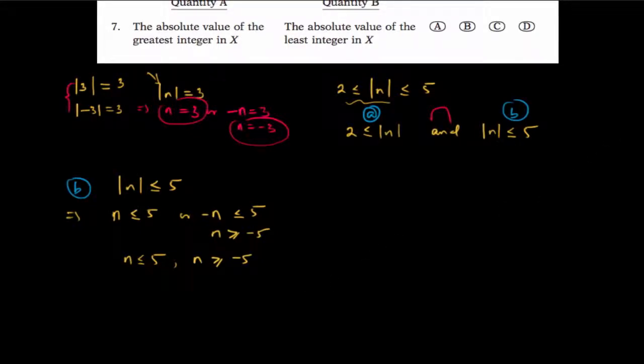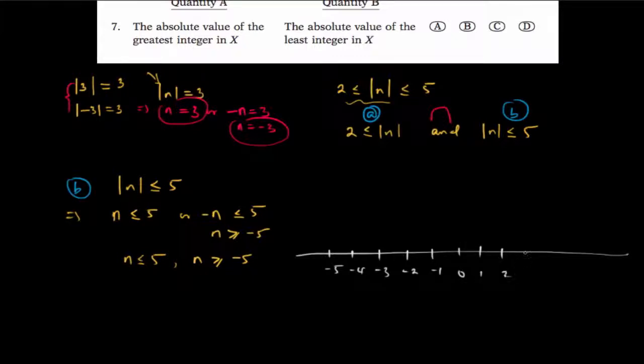So I'm going to draw that on my number line. Let me choose this as my number line. You have something like this. So here is negative 5, this is negative 4, negative 3, negative 2, negative 1, 0, 1, 2, 3, 4, 5, 6.